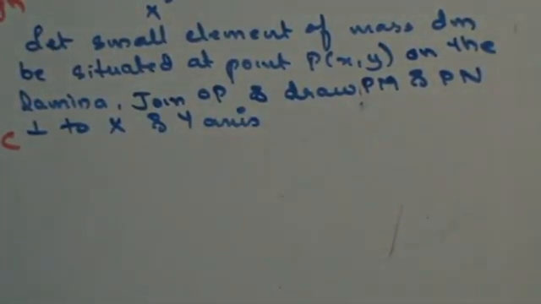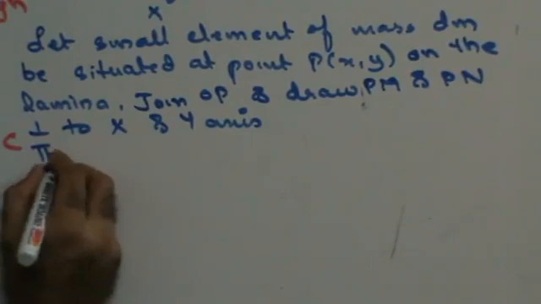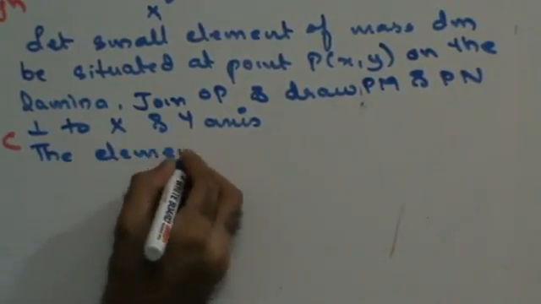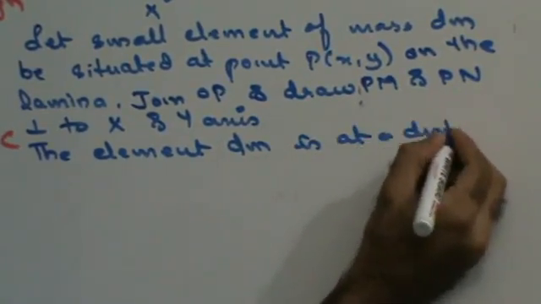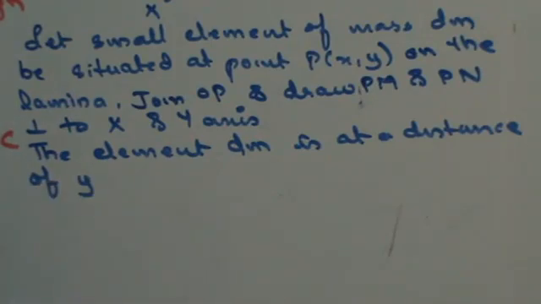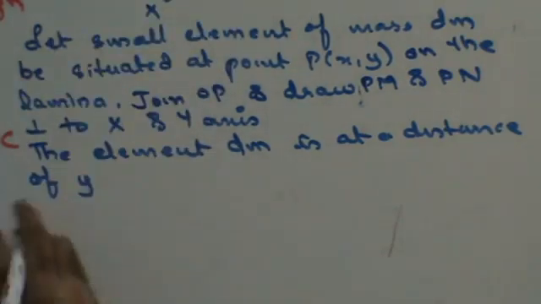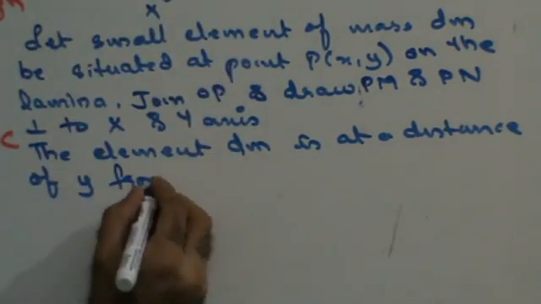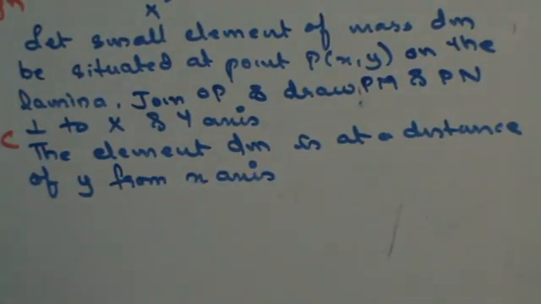So the element dm is at a distance of y from the x-axis, and it is at a distance of x from the y-axis.